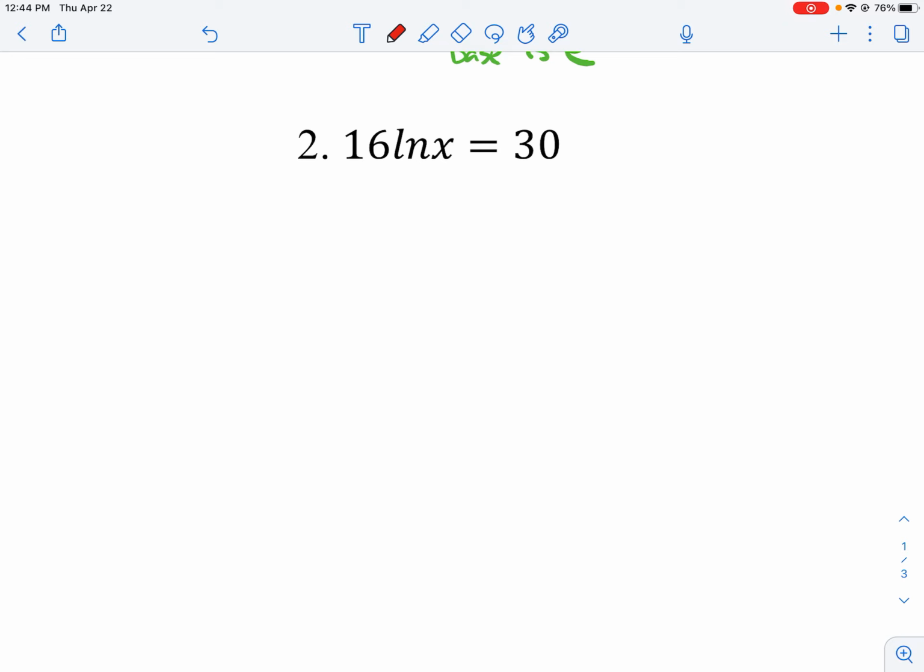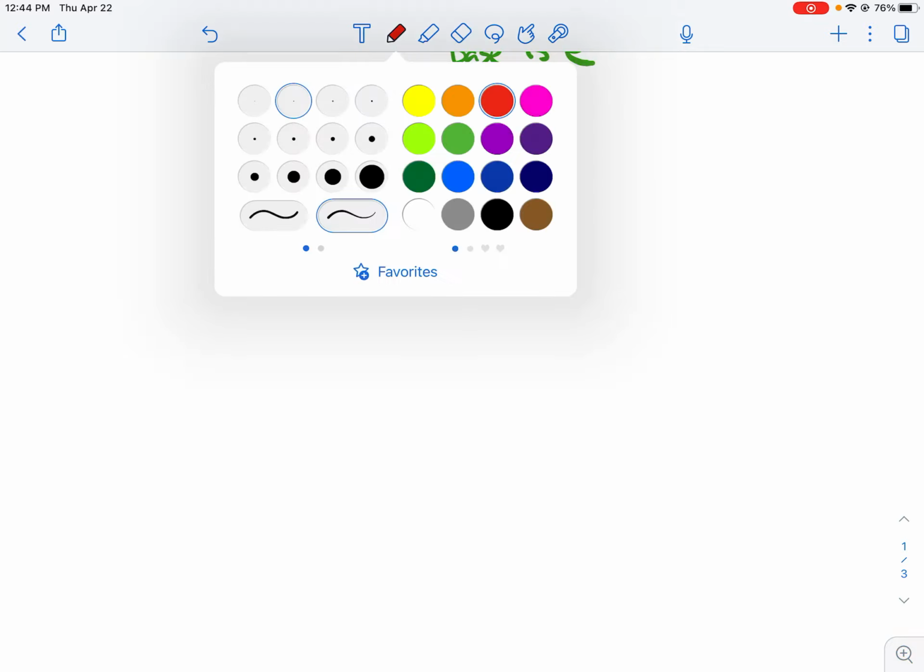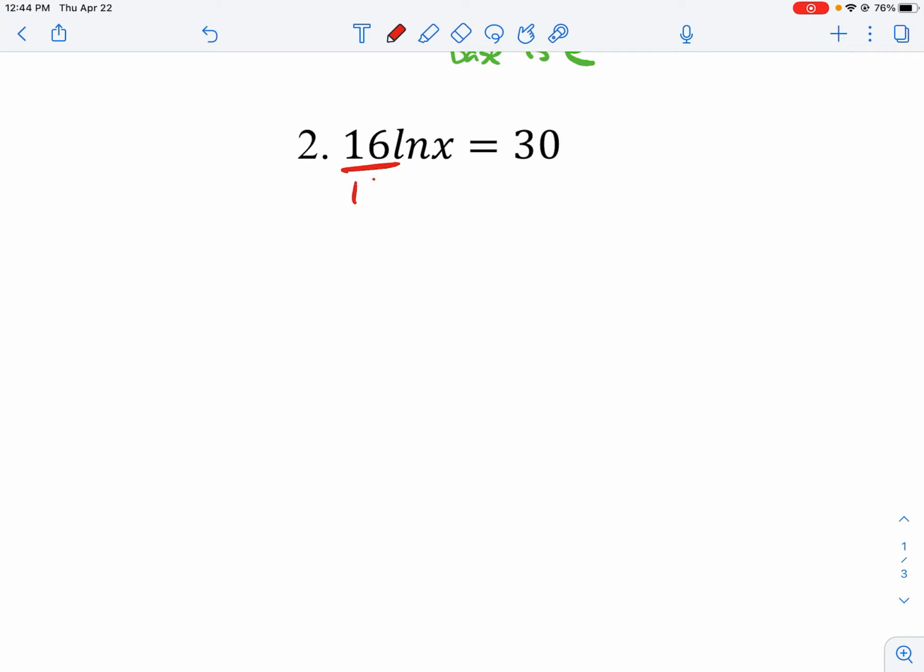So before you can do anything with e here, we need to get this natural log of x by itself. In order to do that, we're going to divide both sides by 16.